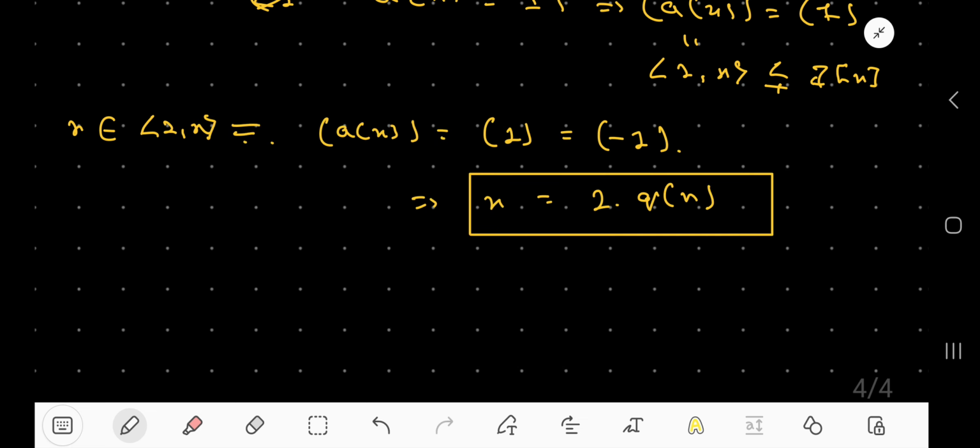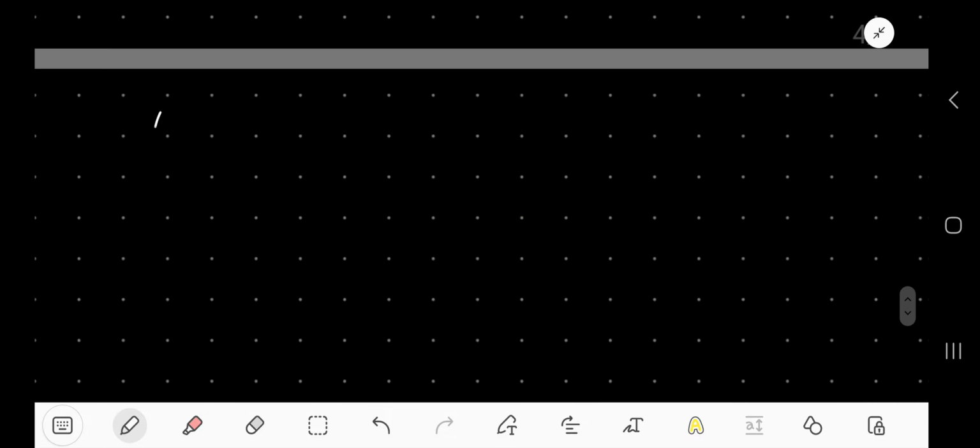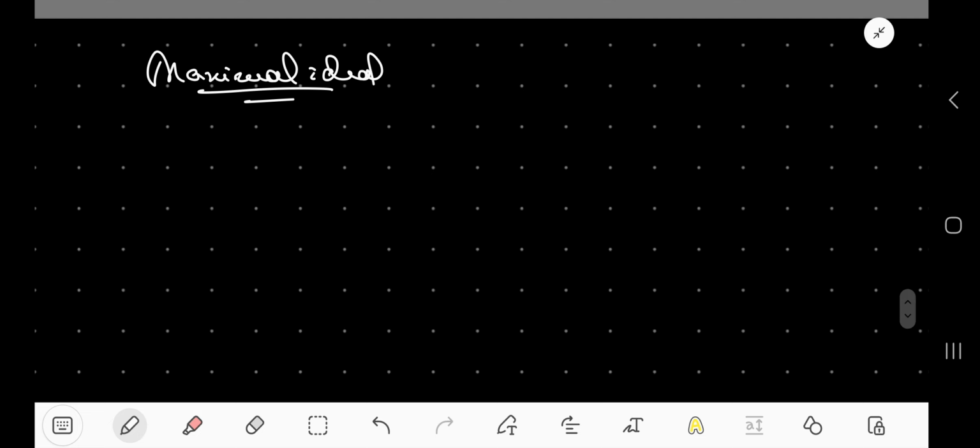Now let's introduce the ideal which I want to discuss in this lecture itself, which is the concept of a maximal ideal. A maximal ideal is a proper ideal which is not contained in any other proper ideal.